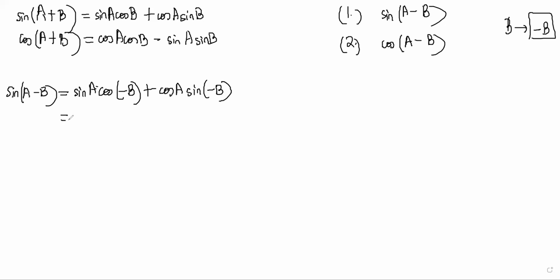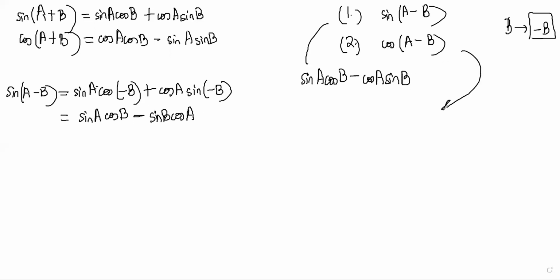Now cos of minus B is what? Simply cos B. And what is sine of minus B? Minus sin B. So this is becoming minus sine B cos A, right? So that is the formula, sine A cos B minus cos A sine B for sine A minus B.